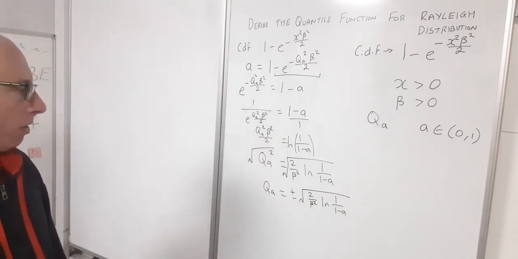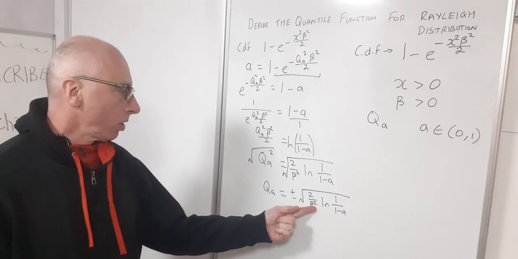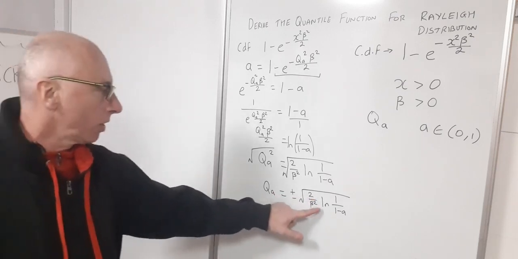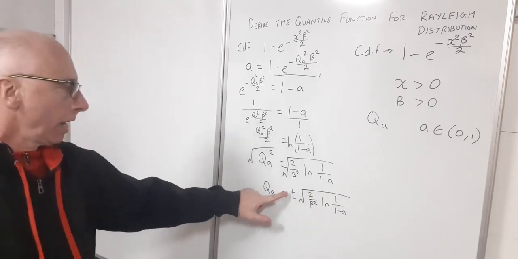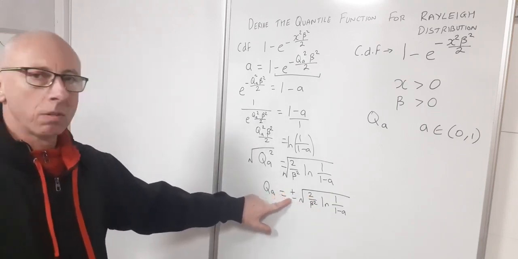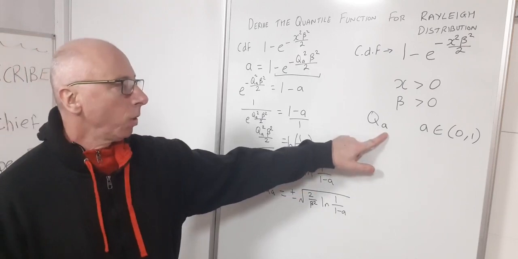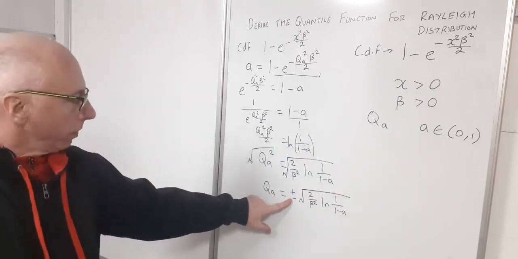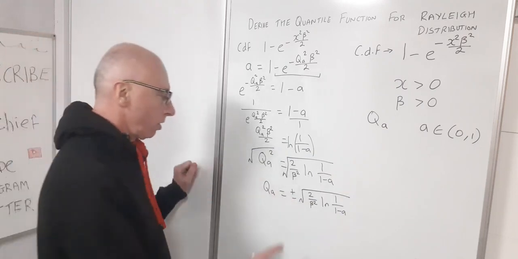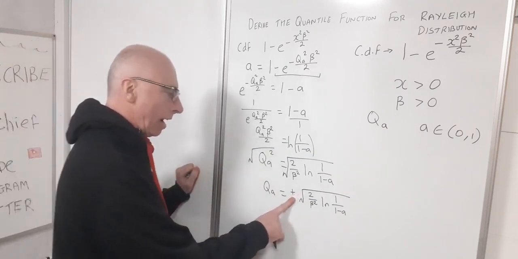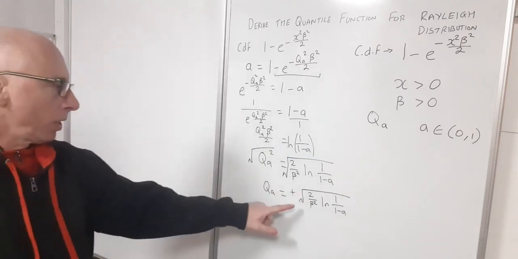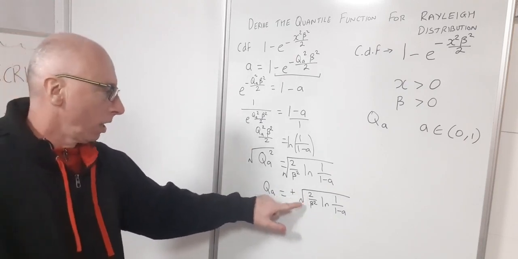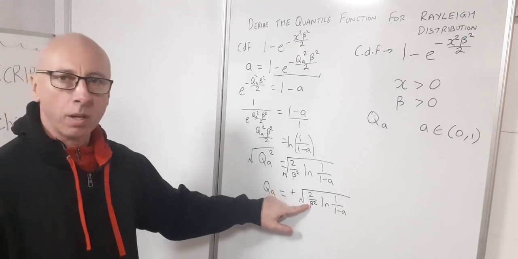Okay, now we could perhaps bring this beta squared out. We could also bring the 2 out if we would prefer. That's absolutely fine because this is all multiplied inside. Then the next thing to do is to question this plus or minus sign. Now my quantile function, this here, is never going to be negative. So the negative here is not going to be required. So I can take that out. And then what I'm going to do, just to tidy things up, is take my 2 over beta squared out and just take the square root of that whole term.